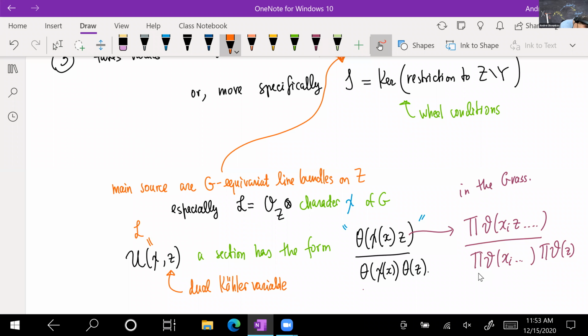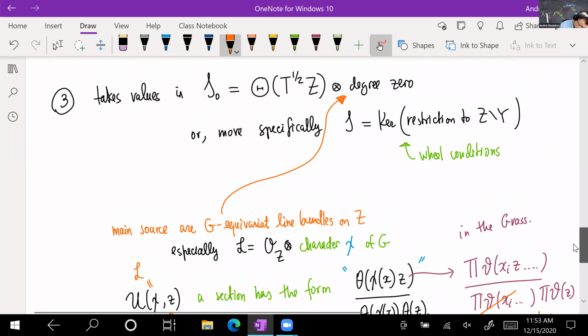And this part here cancels with the polarization. So this means we get something regular, so there are no denominators here.